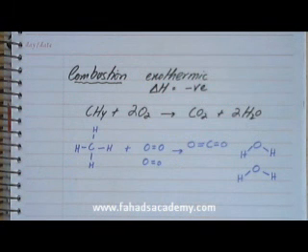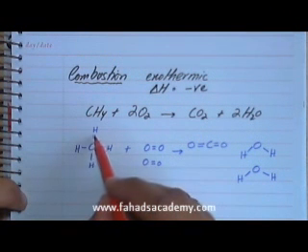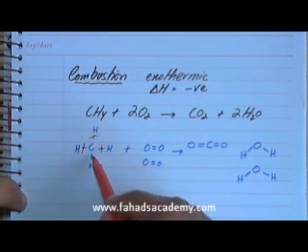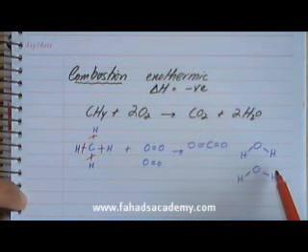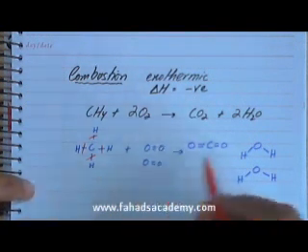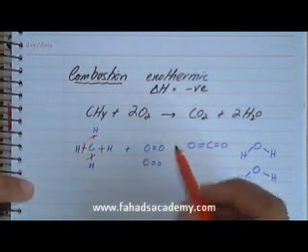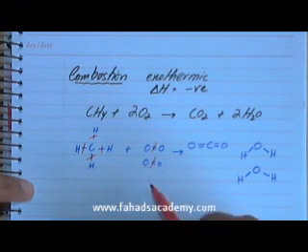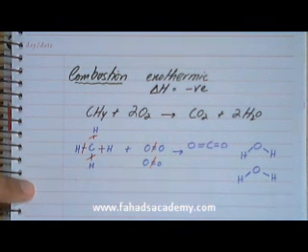Now, for this reaction to occur, you first need to break the old bonds. There's no carbon and hydrogen bond on the product side, which means that bond has been broken. Similarly, there's no oxygen double bond on the product side, so the bonds between the oxygen atoms have also been broken.